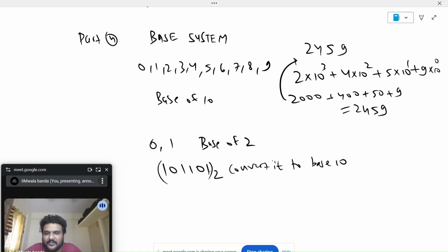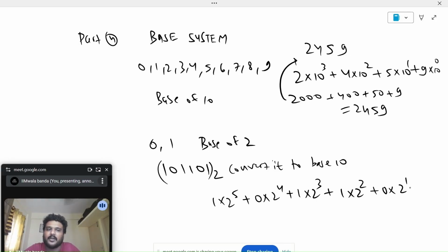So just like there were powers of 10, here there will be powers of 2: power 0, 1, 2, 3, 4, 5. So 1 into 2 to the power 5 plus 0 into 2 to the power 4 plus 1 into 2 to the power 3 plus 1 into 2 to the power 2 plus 0 into 2 to the power 1 plus 1. This is how we expand it. So this is basically 2 to the power 5 plus 2 to the power 3 plus 2 to the power 2 plus 0 plus 1.